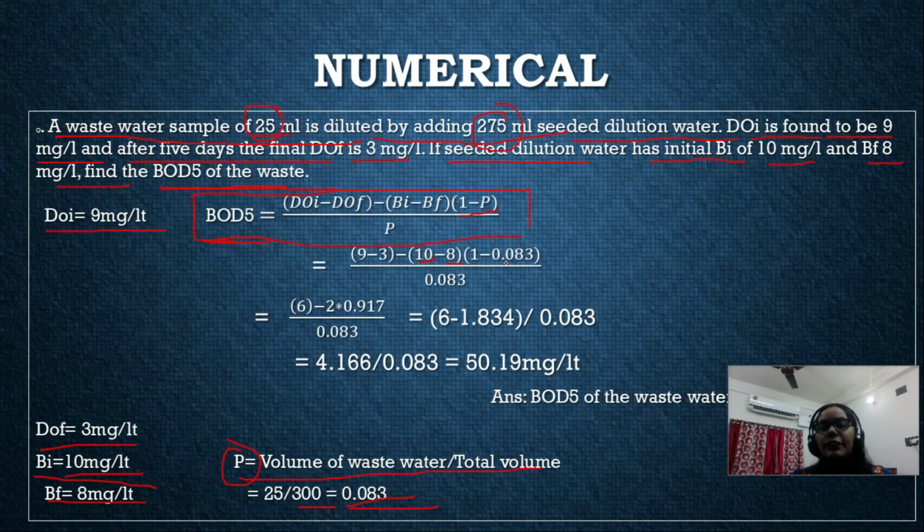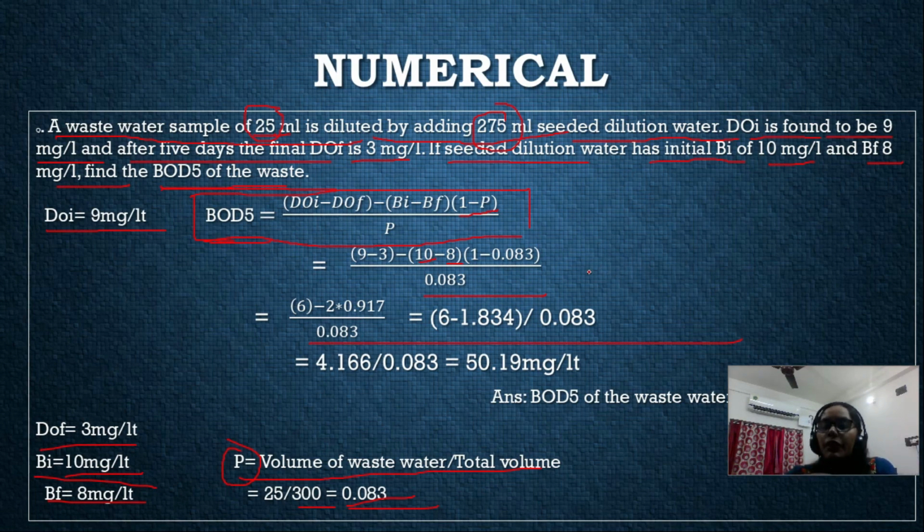So 1 minus 0.083, divided by P, again 0.083. If you solve this, it is a very easy problem. All the data are given, you only have to put in the data.